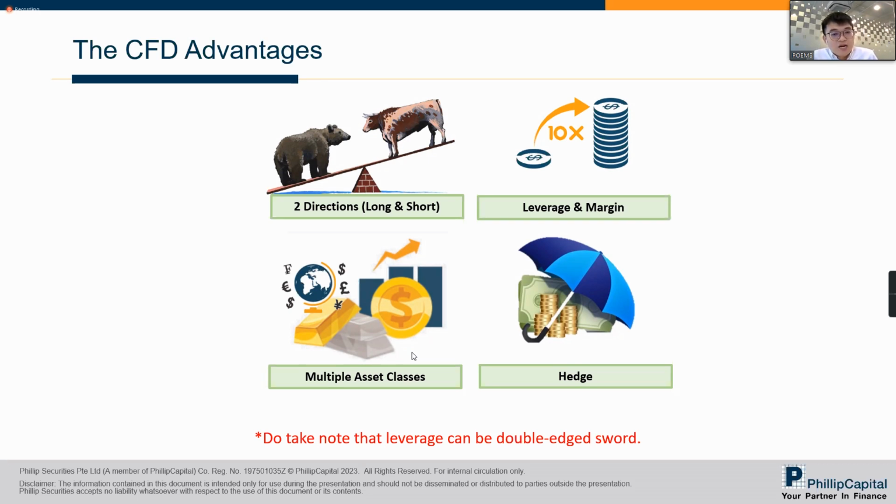The second is leverage, margin and multiple asset classes, and you can also do hedging using CFD. Do take note that leverage can be a double-edged sword. You can earn up to 10 times, but you can also lose multiples of 10 if you leverage your position.